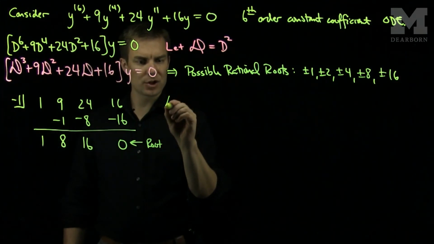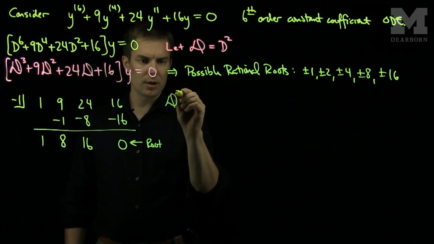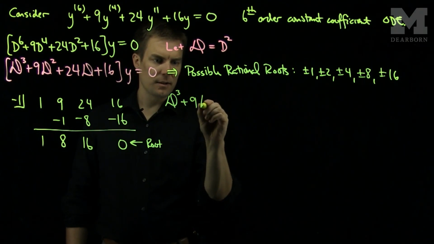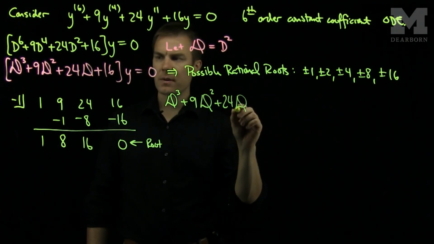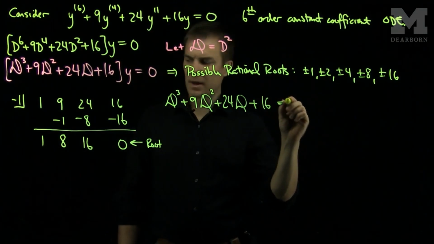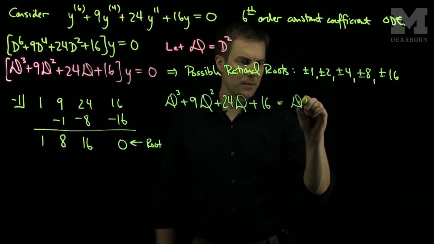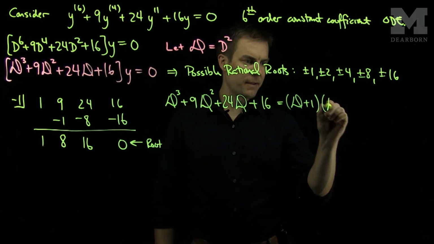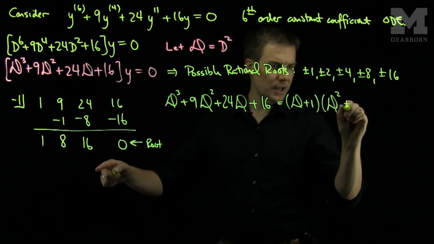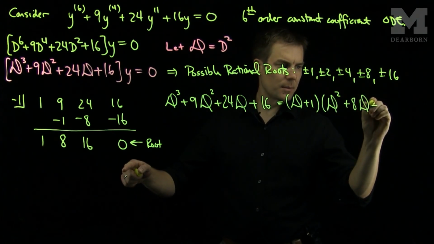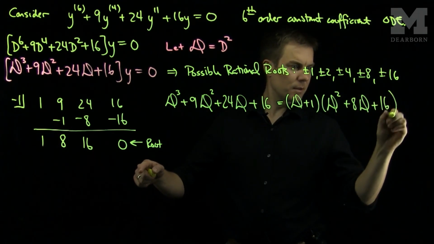And so our factorization becomes: script D cubed plus 9 script D squared plus 24 script D plus 16 is equal to script D plus 1 times script D squared plus 8 script D plus 16.